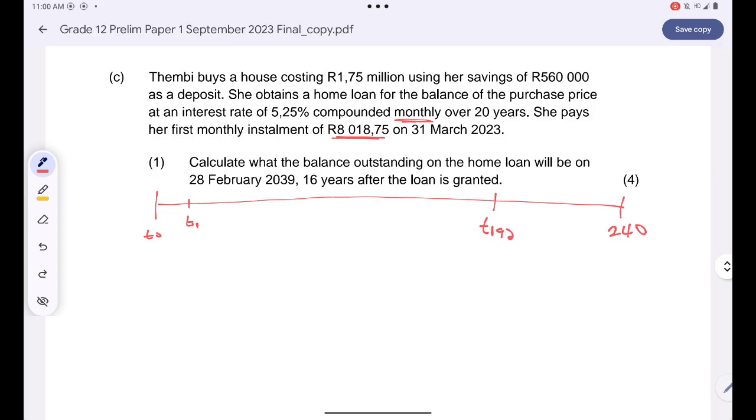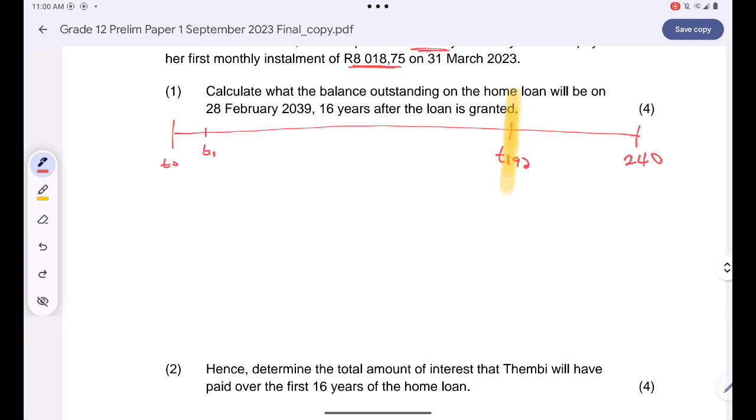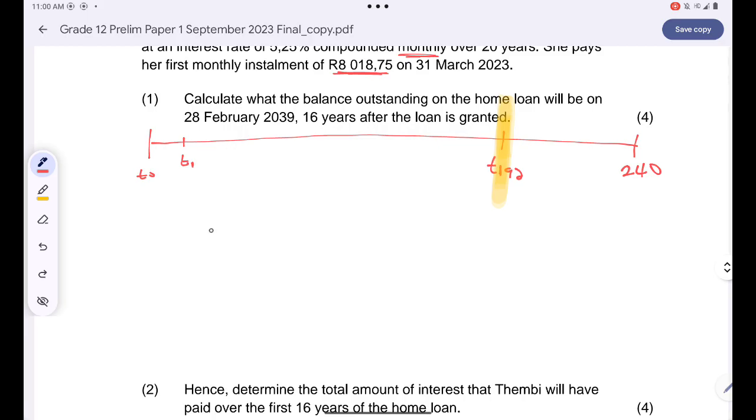So I want to know, whenever I get there, what is outstanding? How much does Tembi owe the bank altogether? How can I find my outstanding loan balance? The outstanding loan balance is equal to A minus the future value of the payments.